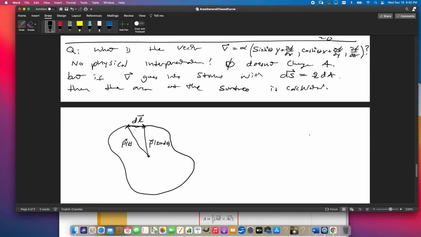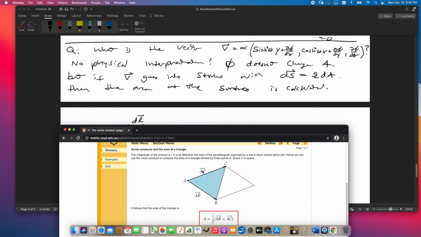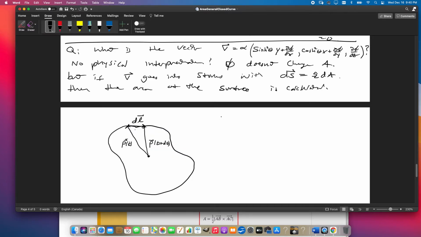Okay, so we have this formula. If we go back, this segment BC is like our DL, and AC and AB are like our rho at t and rho at t plus dt. I'll call this dA.